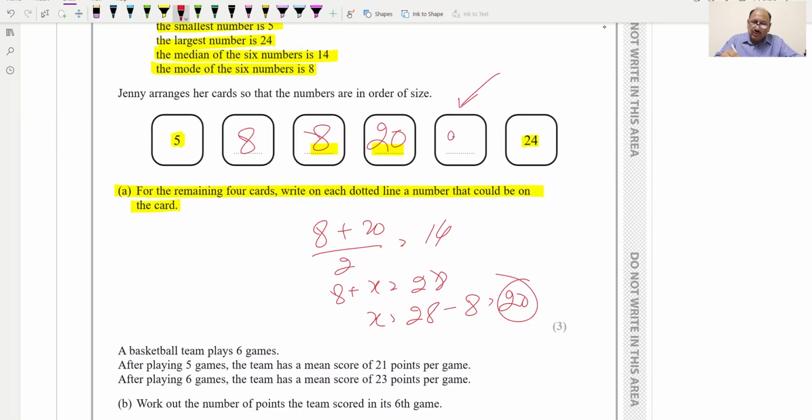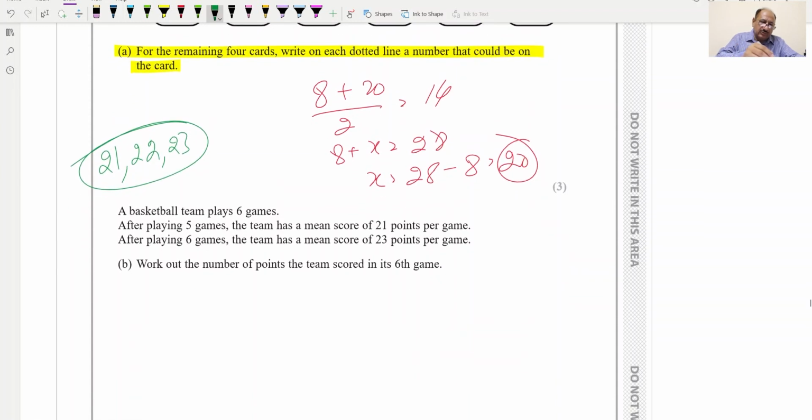So it can be 21, I'm writing 21, but the answer can be 21, 22, 23. These are possible answers basically. This was a 3 marks question, by the way.